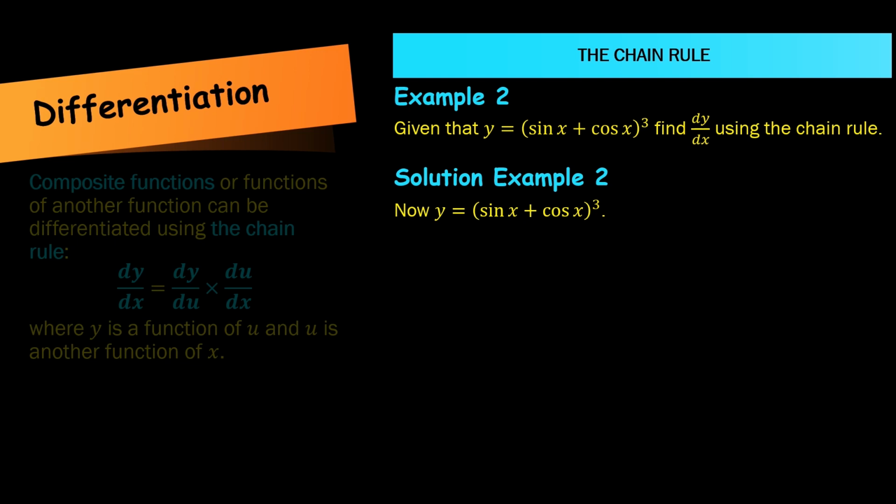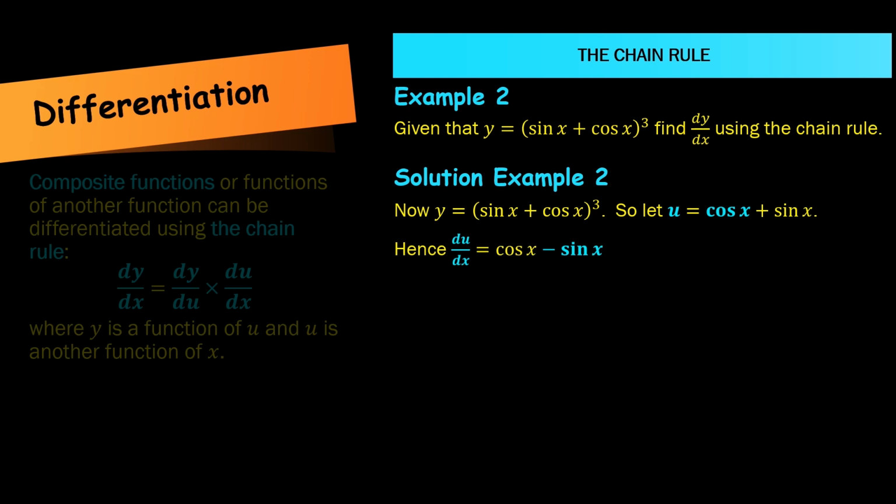So here's y. We're going to let u equal cos x plus sin x, so the bit in brackets. u can be easily differentiated now.